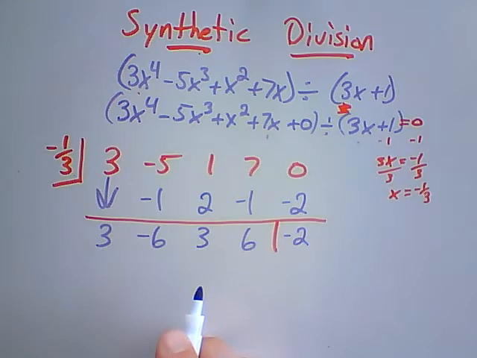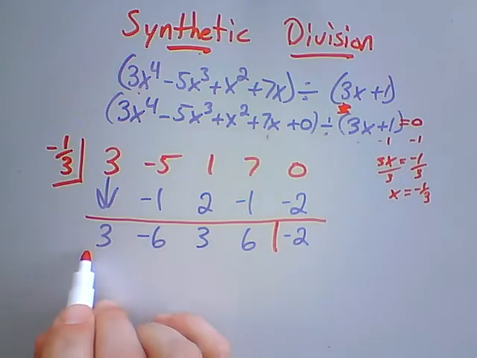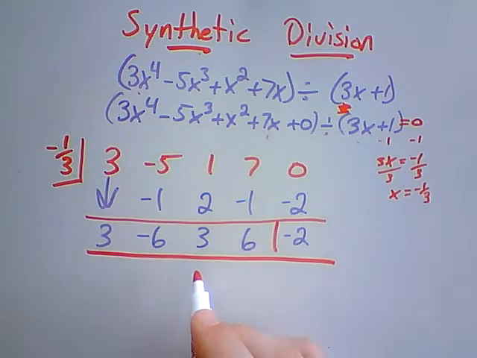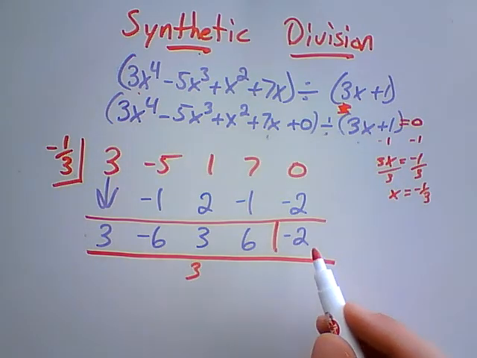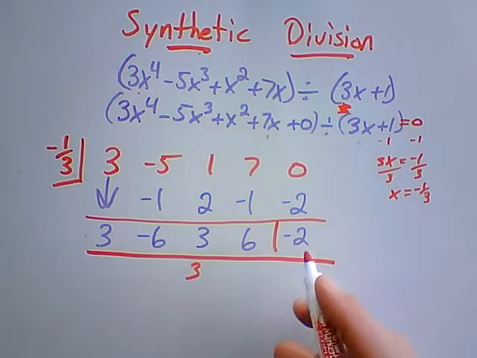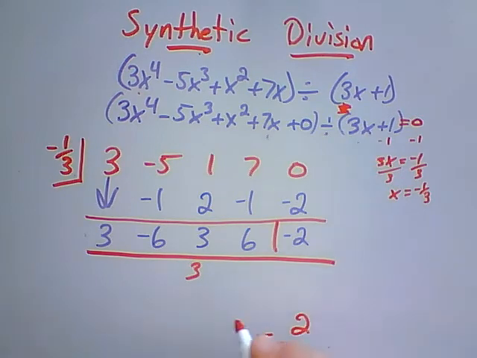It looks kind of nicer. Except now, I have to remember to divide everything by 3. Right? Divide everything by 3. Oh, I'm going to go backwards. So my remainder is negative 2 over 3.